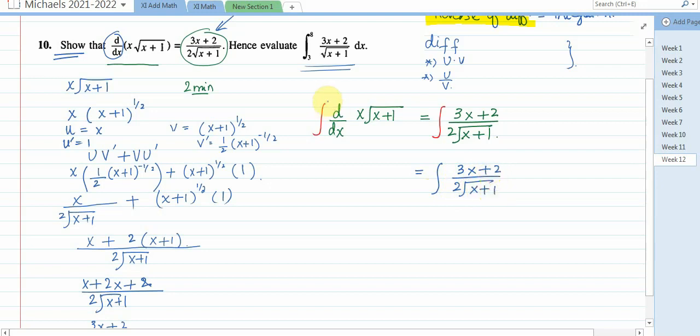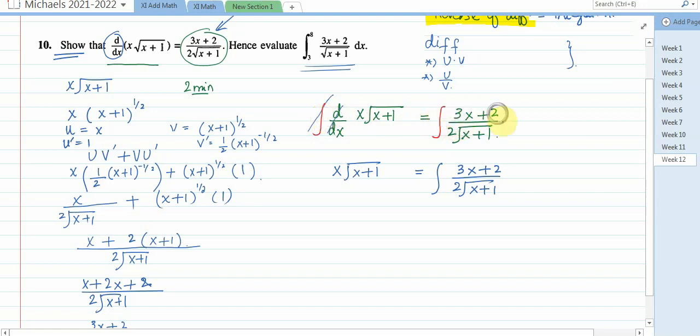On the left side, differentiation and integration cancel each other. The leftover part is x times under root (x plus 1). So the integral of this function is equal to this one, right? It's very simple. If you apply integral on both sides, integral and derivative cancel each other.